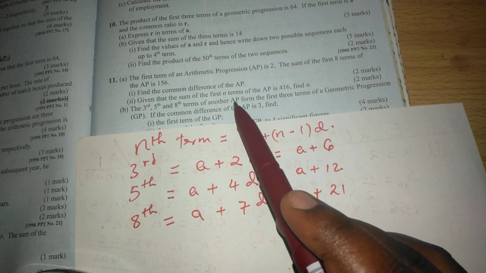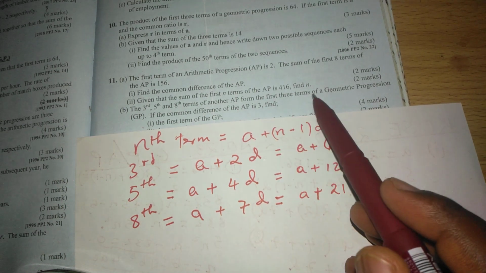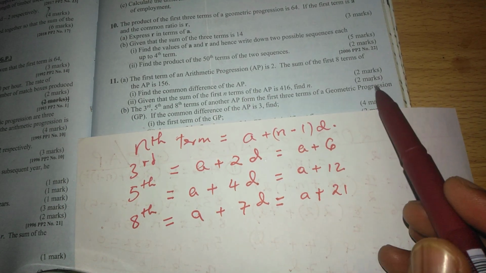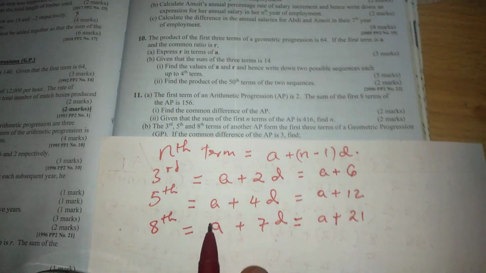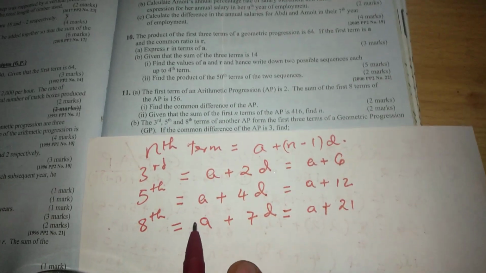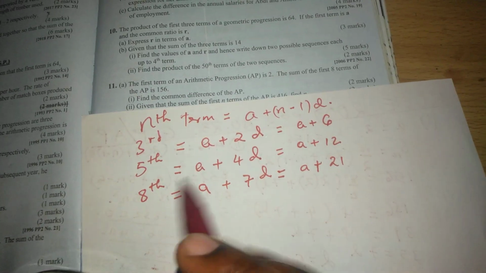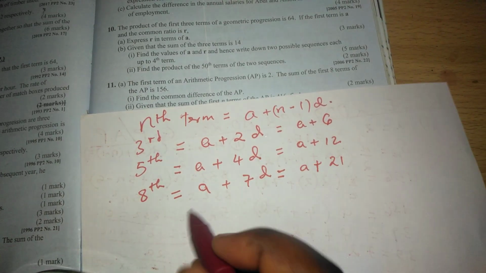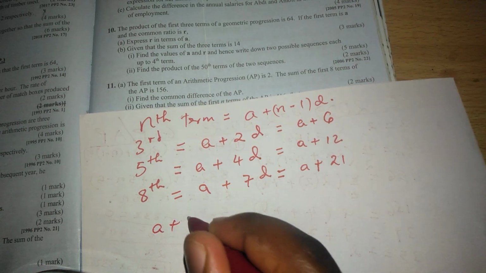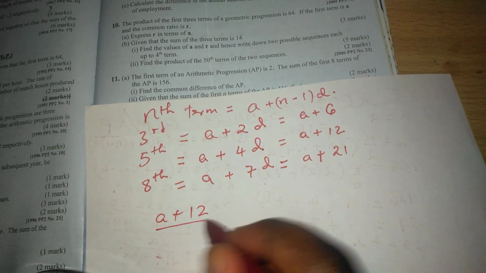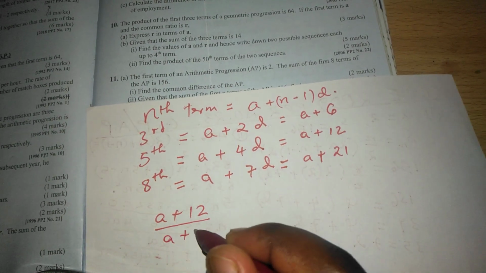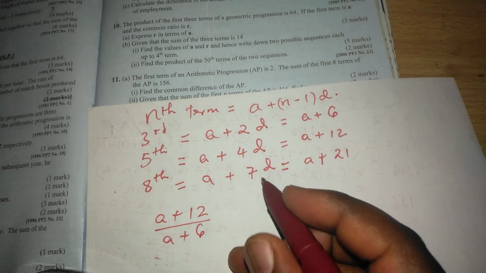form the first 3 terms of a geometric progression. This simply means that when we take A plus 12 and divide by the first term, which is A plus 6, there is a common ratio we should get.